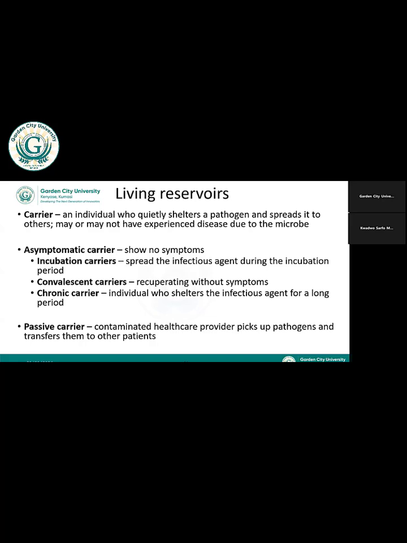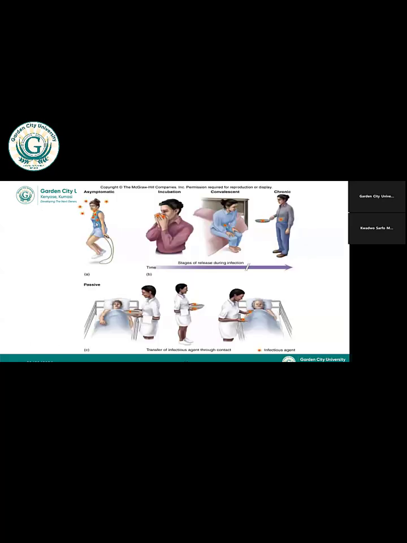So we can have an individual not showing symptoms, and they can easily come into contact with people and then share the infectious agent. You can also have somebody who is incubating and then shedding these infectious agents.